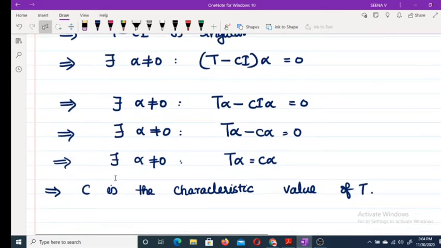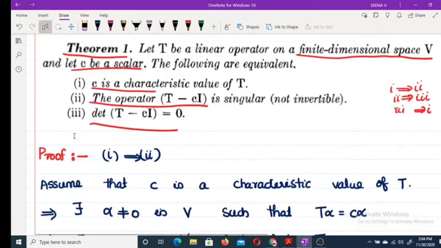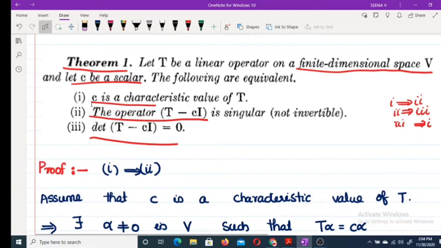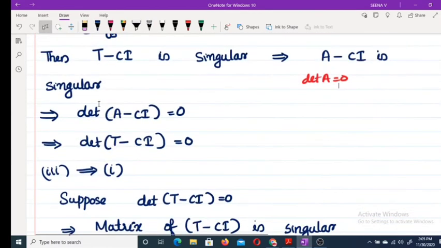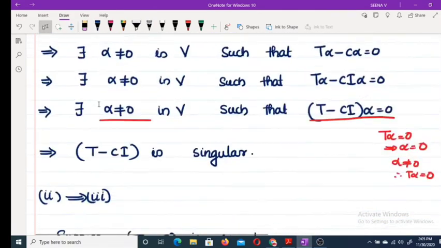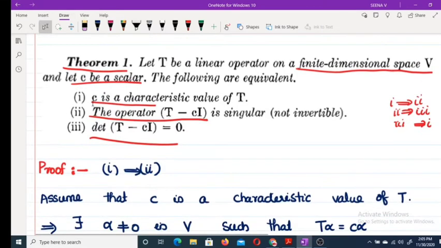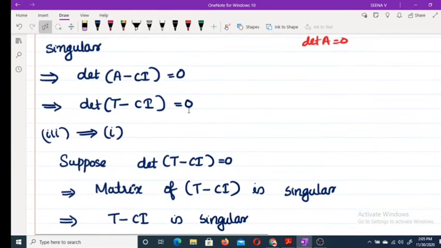That means there exists an alpha not equal to 0 such that T alpha equals C alpha. This implies C is a characteristic value of T. Thus we get 1 implies 2, 2 implies 3 and 3 implies 1. Okay, therefore the conditions are equivalent. Therefore, C is a characteristic value of T implies T minus CI is singular. Also determinant of T minus CI is equal to 0.